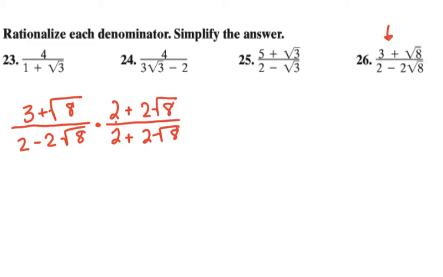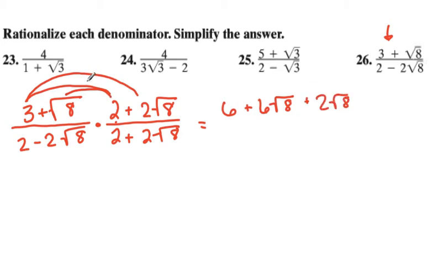Okay, now we just FOIL up top. 3 times 2, 6. 3 times 2 root 8 is 6 root 8. Root 8 times 2 is 2 root 8. And root 8 times 2 root 8 is going to give us 2 times 8, because root 8 times root 8 is root 64, which is just 8.